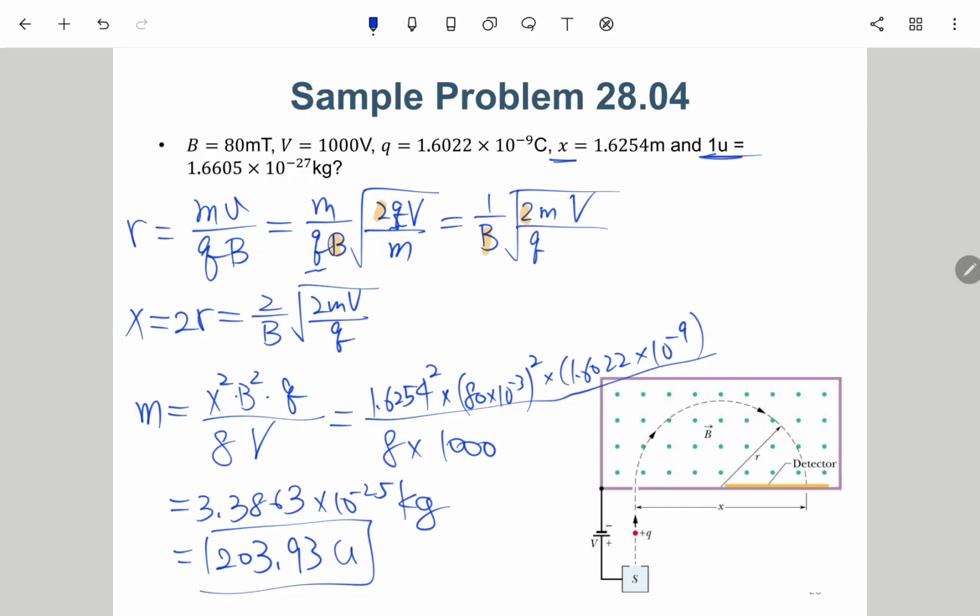So which means that the number of protons and neutrons adds up to be 204. You may ask why it's not perfectly 204. Yes, because there will be some mass loss.